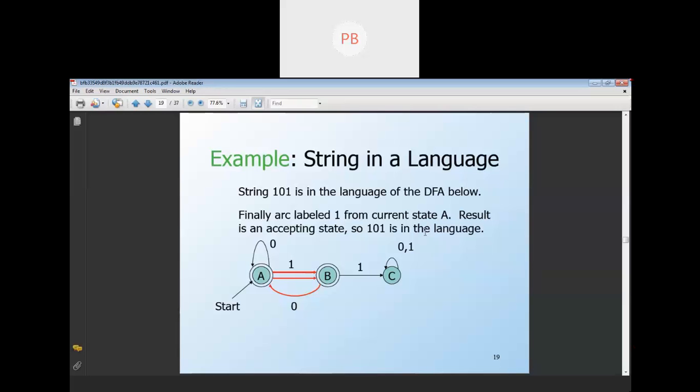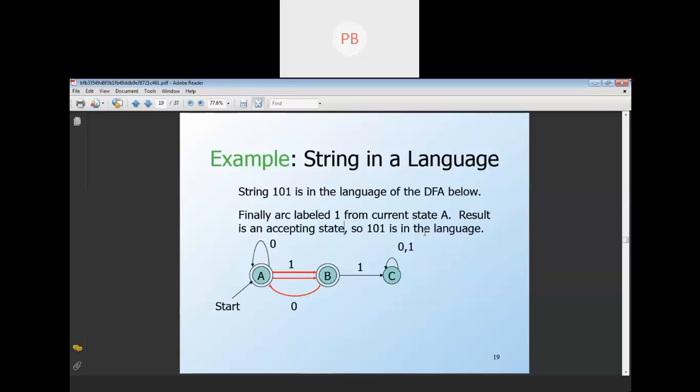Always remember, when we are defining a DFA, we use some language. For a particular language, there is a particular DFA. That means a DFA can be derived from a language, and the DFA accepts many kinds of strings. We have a string and a DFA derived from a particular language.